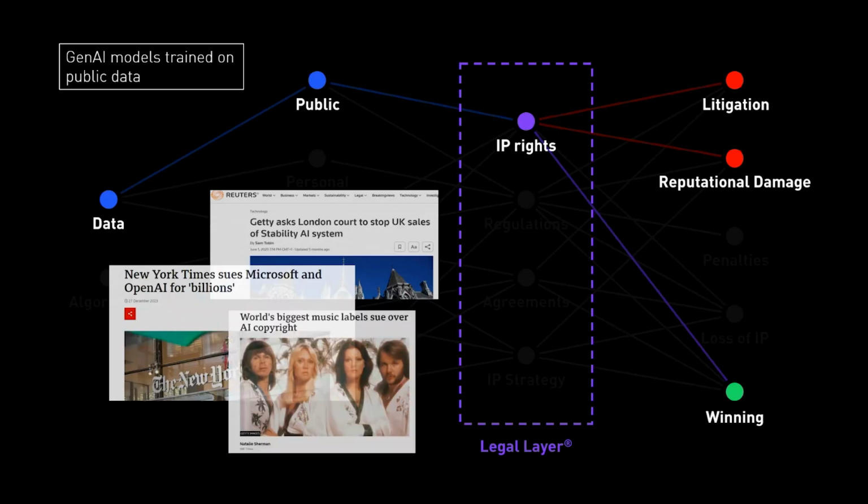And quite recently, a collective of major record labels, including Warner, Sony, Universal, have sued two AI startups, Udio and Suno, in the US for training models on their artists' works, including, as you can see here, ABBA. I happen to think that even listening to ABBA should be illegal, but that's beside the point.